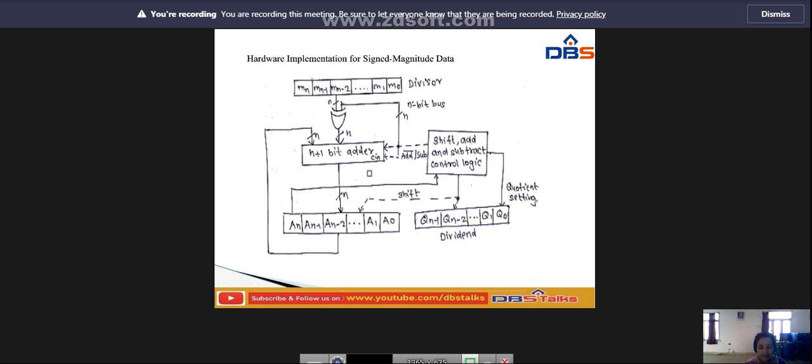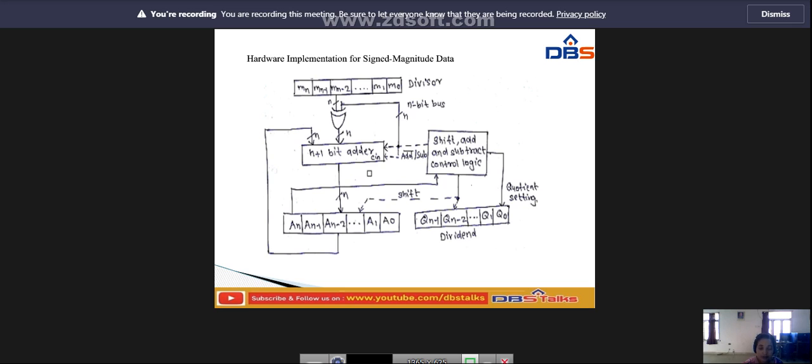In this hardware implementation we are using signed magnitude data. Here we are shifting the divisor to the right, the M0 side, and the dividend or partial remainders are shifted to the left. What are partial remainders?